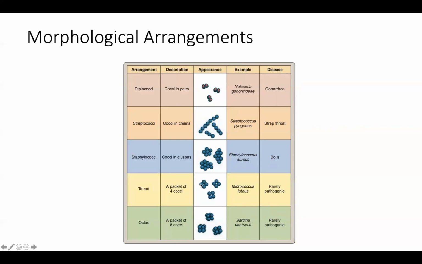Tetrads. We have arrangements of cocci in groups of 4. Micrococcus luteus. This is rarely pathogenic. This is a very common bacteria. You can find it in your bathroom. It's not a good thing if you see it.